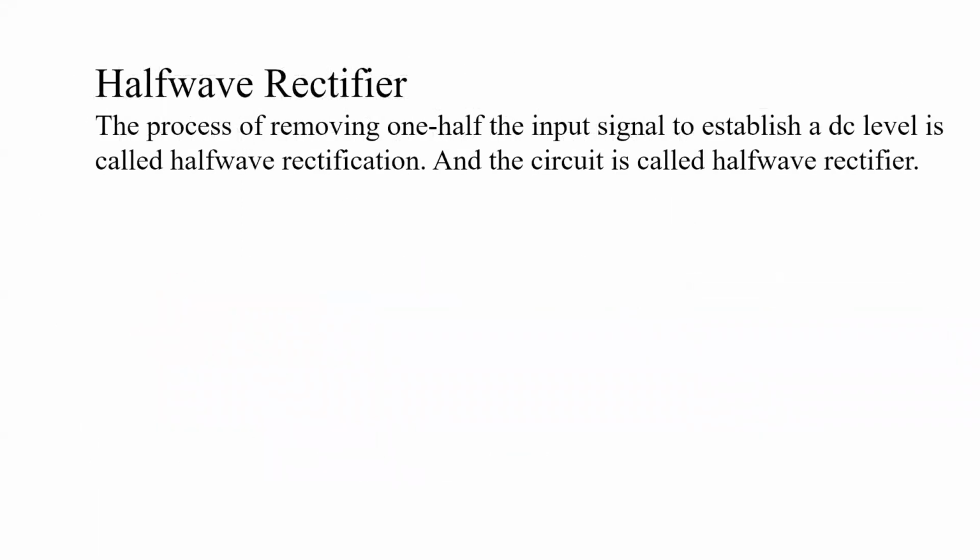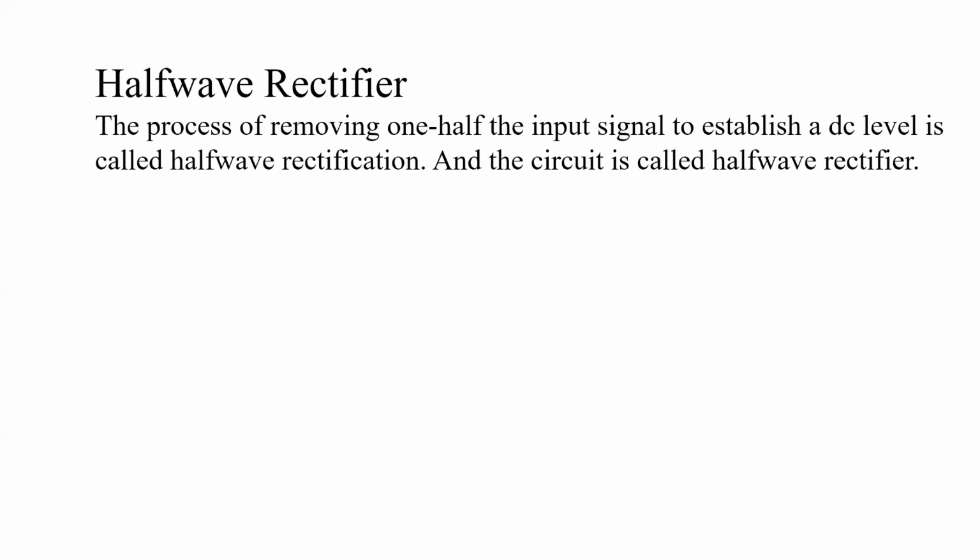Now, what is a half-wave rectifier? The process of removing one half of the input signal to establish a DC level is called half-wave rectification, and the circuit is called a half-wave rectifier.